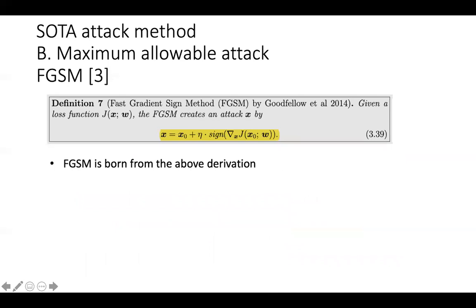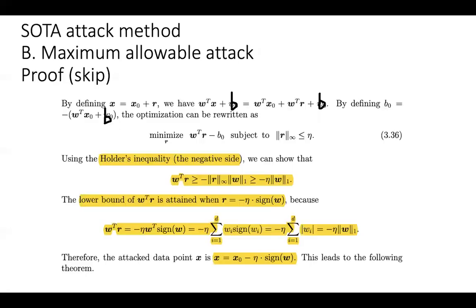What does the function psi represent? It just represents the direction of W. The sign is the direction. W is actually a vector, right? It's the weight vector. So how do you calculate the sign vector?